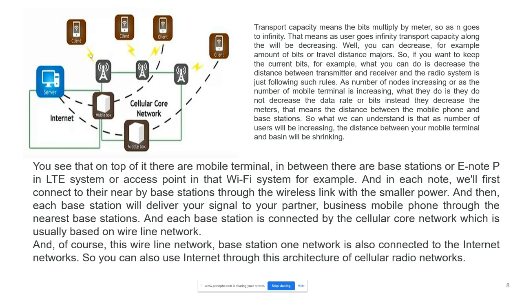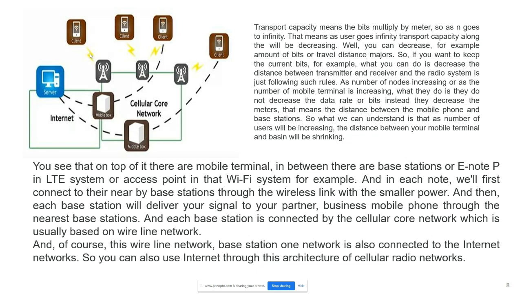And then each base station will deliver your signal to your partner's mobile phone through the nearest base station. Each base station is connected by the cellular core network, which is actually based on a wireline network. And of course, this wireline network is also connected to the internet.